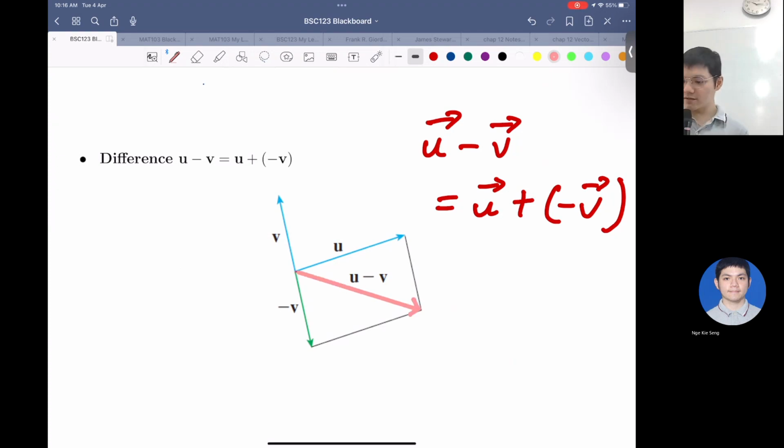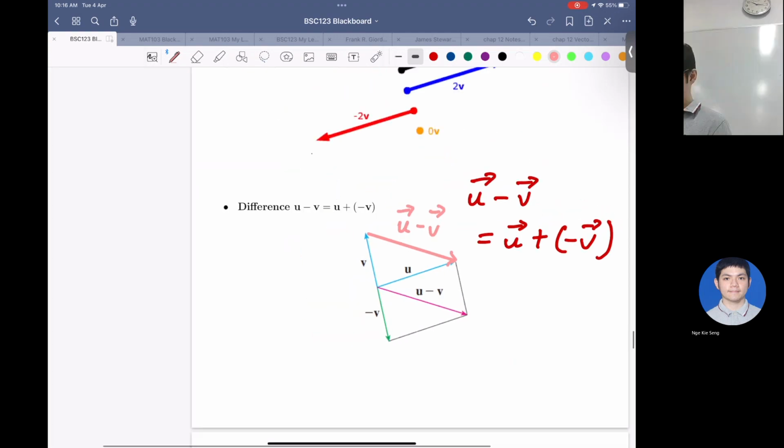What is u minus v? You can also think of it as this arrow here. u minus v is also this arrow: the arrow that you add to v to get u. This is another way you can think about it.